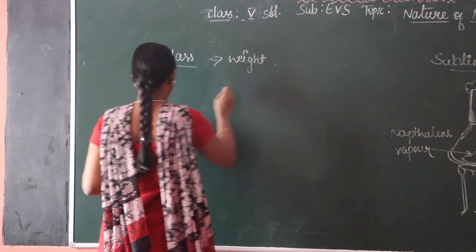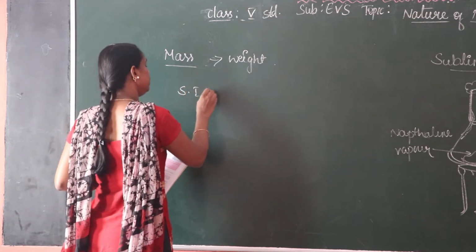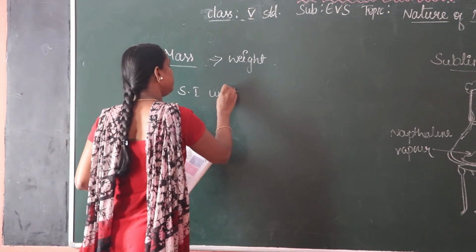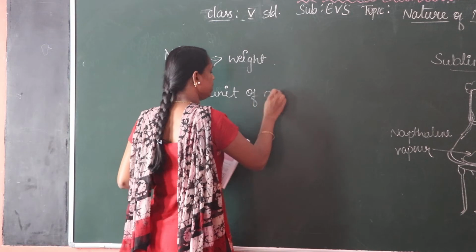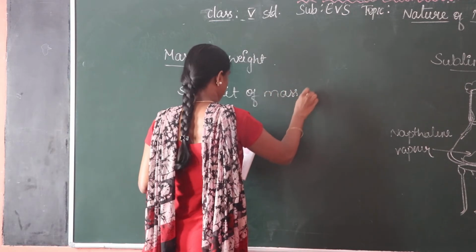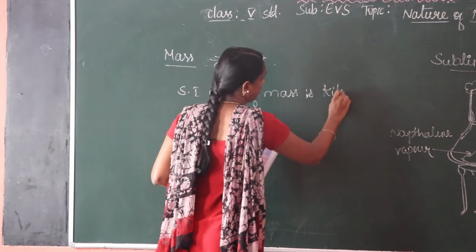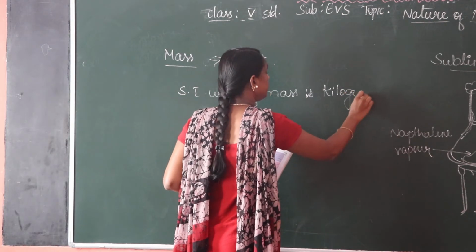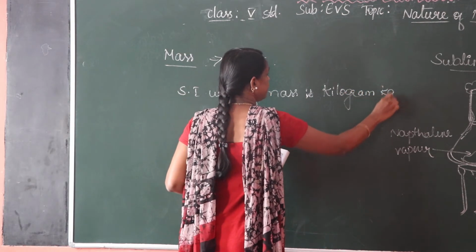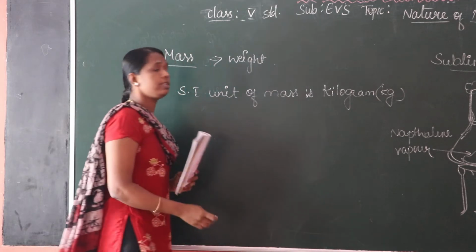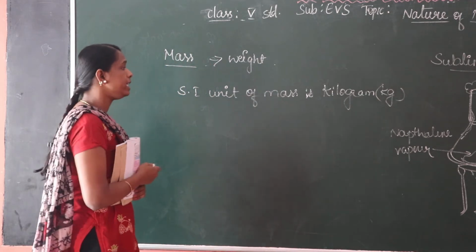The SI unit of mass is kilogram, or we can write it as kg.